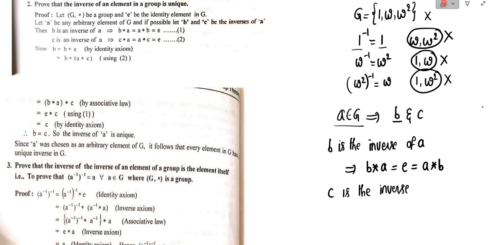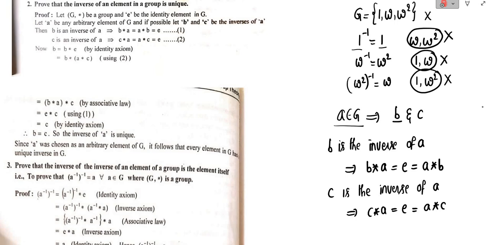If c is the inverse of a, then c * a = e = a * c. So, the multiplication of an element and its inverse is equal to the identity element.